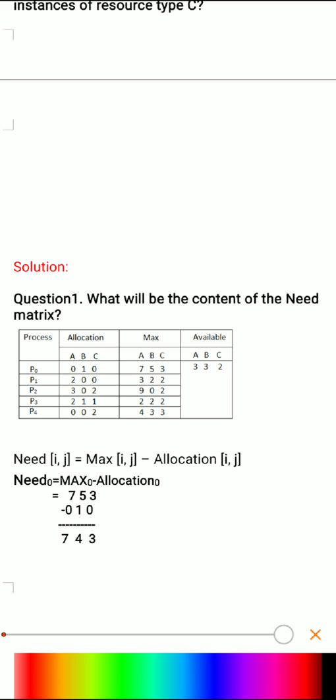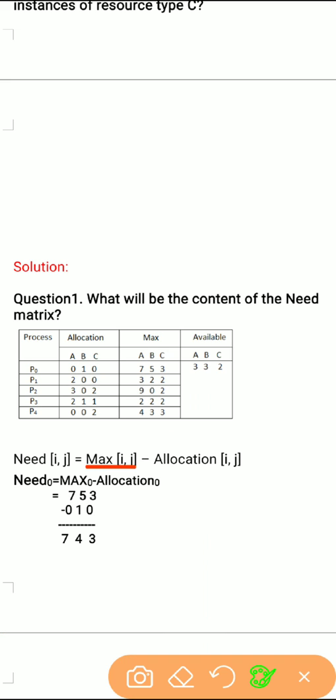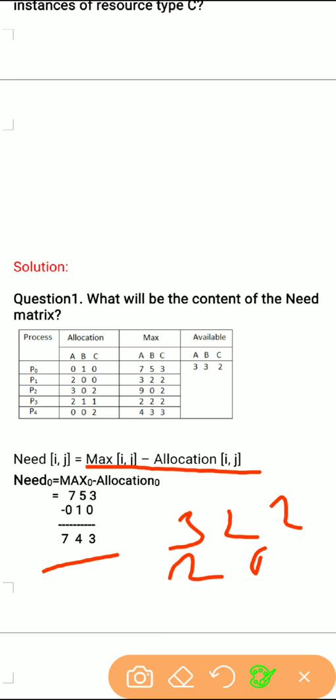The need matrix is found by using the formula max minus allocation. For P0, from 753 we are going to subtract 0 1 0, so the answer will be 743. Similarly for P1, the max matrix of P1 is 3 2 2. From 3 2 2 we are going to subtract 2 0 0.